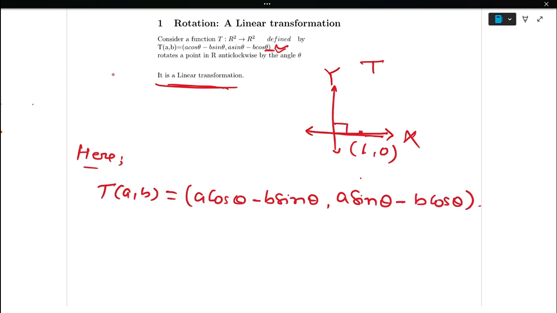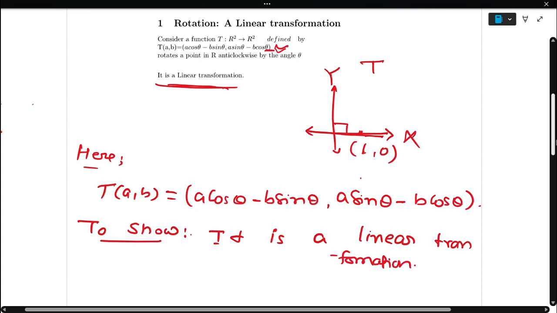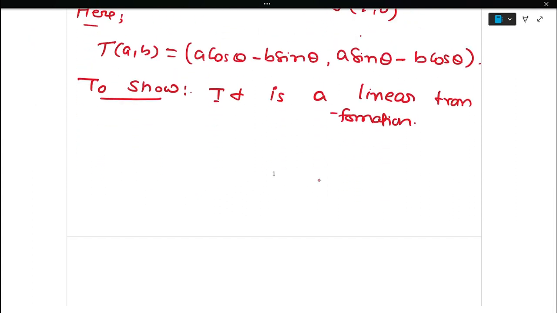So we will show that it is a linear transformation. How will we show that it is a linear transformation?